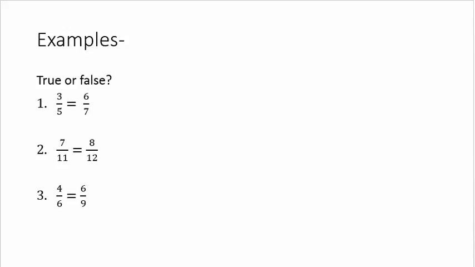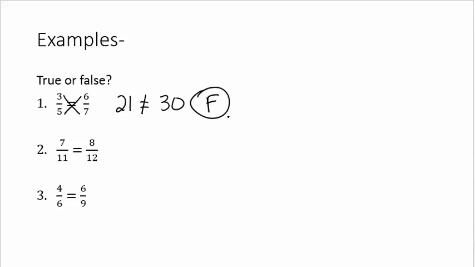You can also use the cross product property to cross multiply these two ratios to determine if the extremes are equal to the means. So we would have 3 times 7, which is 21. Is that equal to 6 times 5, which is 30? In fact, it is not, so this one would be false.